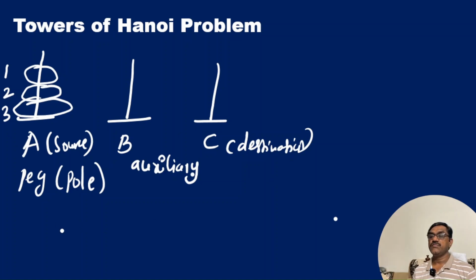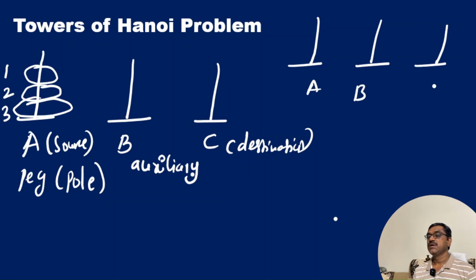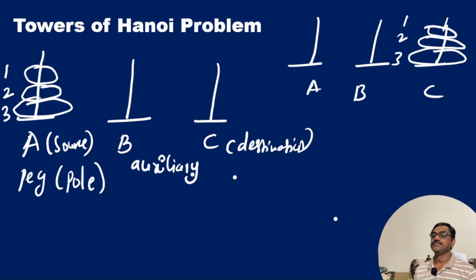So finally, the final representation is three pegs. This is A and this is B, and on the C peg we must have all the disks like this: 1, 2, 3. This is the final result.